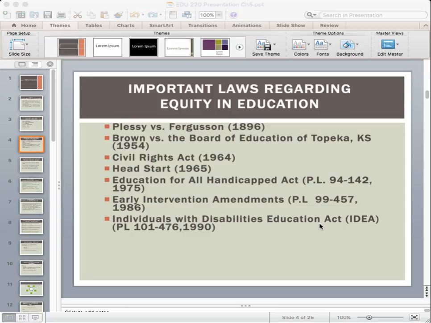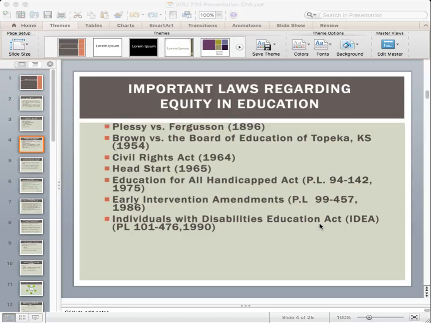Now, explain the effect of various laws and Supreme Court decisions on multicultural education. And I think that this is a good opportunity for you to actually be taking your notes and writing down your explanation. Part of the reason why these particular laws are so important is because they really were groundbreaking in multicultural education and in our society.